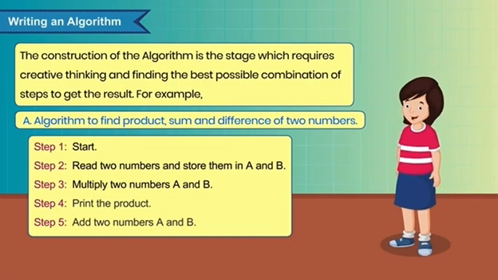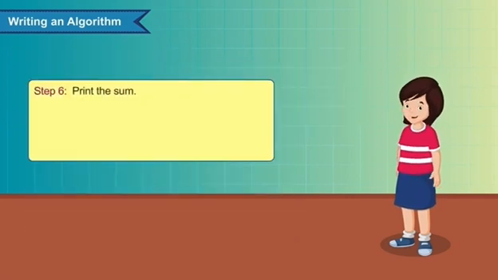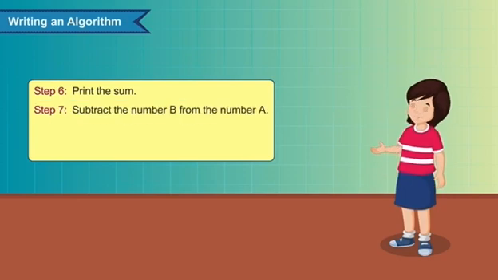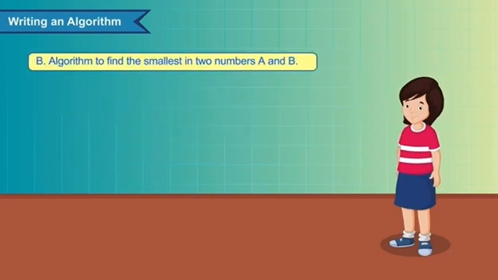Step 5. Add two numbers A and B. Step 6. Print the sum. Step 7. Subtract the number B from the number A. Step 8. Print the difference. Step 9. Stop.